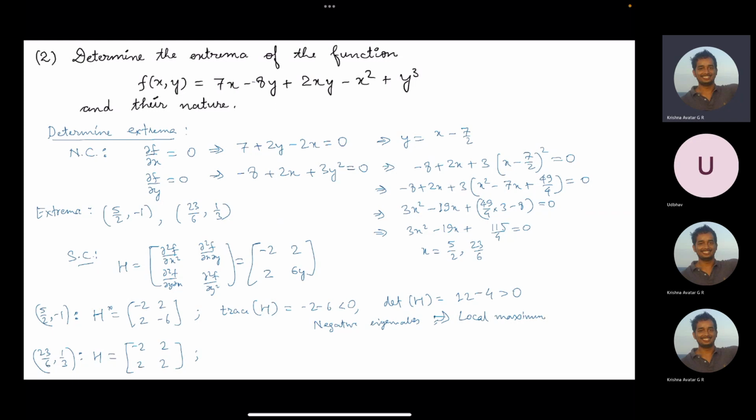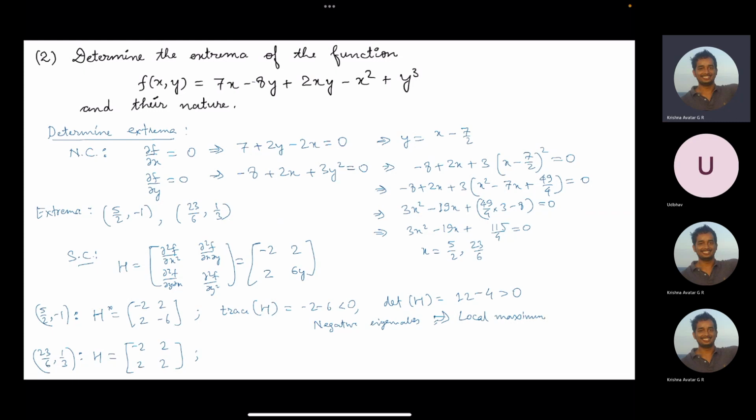As we know, the determinant of a matrix is also the product of eigenvalues. Since the determinant is greater than 0 and the trace is less than 0, both the eigenvalues are negative in nature. So negative eigenvalues mean that the extremum point 5 by 2, minus 1 is a local max.